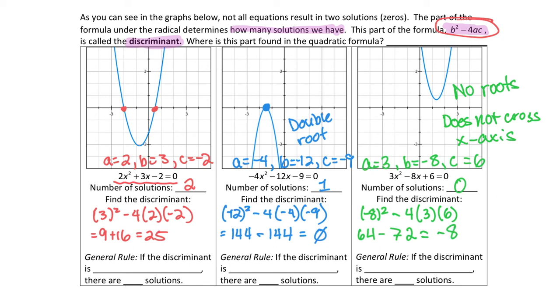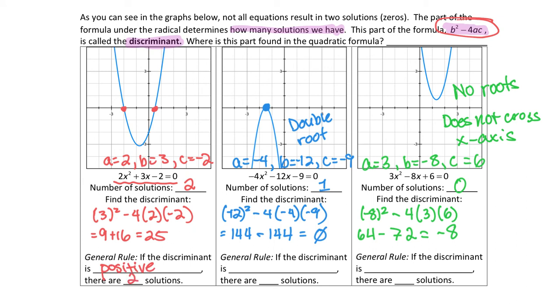All right, now once again, let's take a look at what the pattern is here. Hopefully some of you guessed that that was going to be a negative. That would be good if you did. So let's go back. If the discriminant is positive, that tells us we have two solutions.